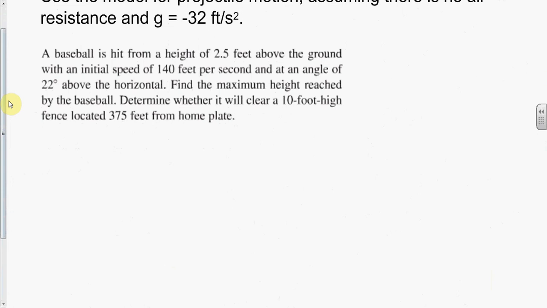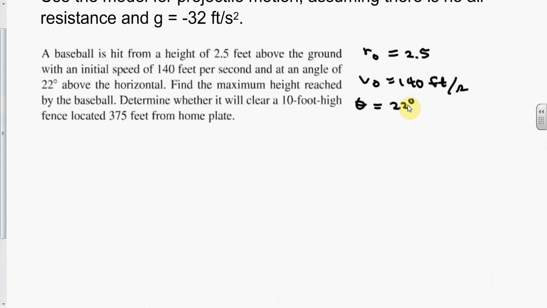It says that a baseball is hit from a height of 2.5 feet above the ground. So that's r naught. The initial height is 2.5. With an initial speed, initial velocity of 140 feet per second at an angle theta of 22 degrees above the horizon.